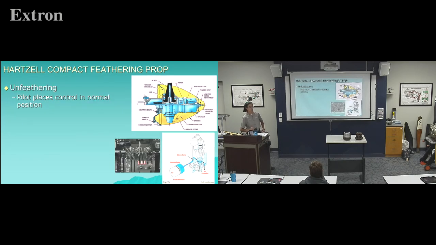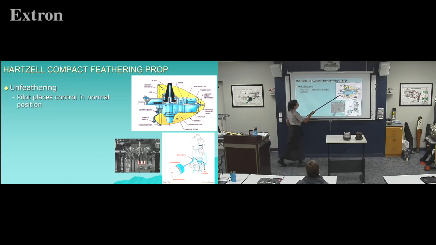Now, we load up our passengers, take off, and I put my controls full forward. What is happening with my governor? What is it doing with oil?